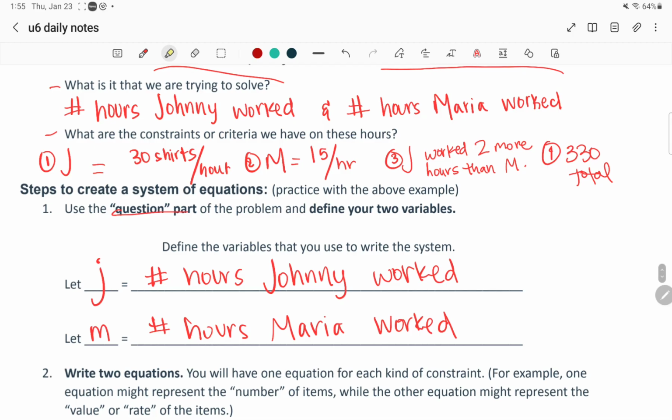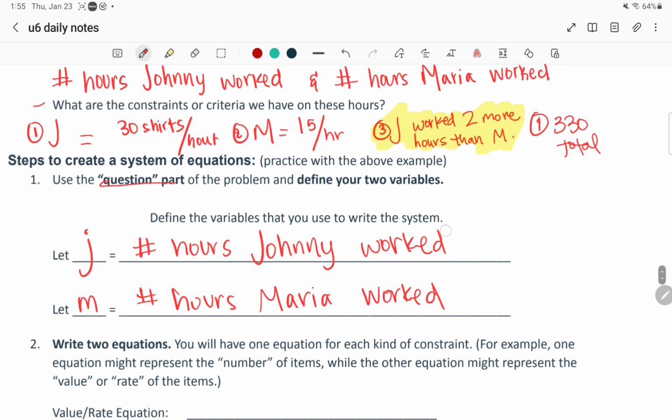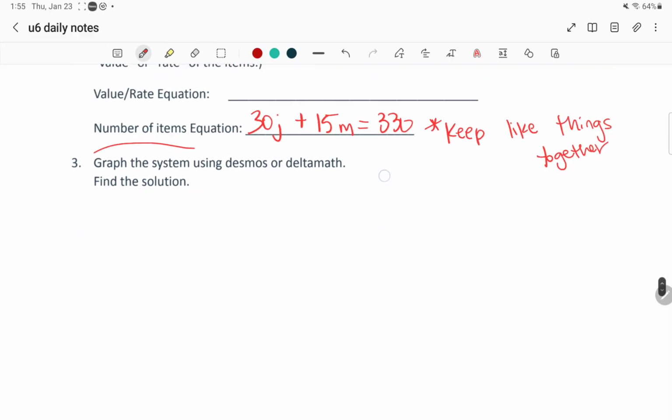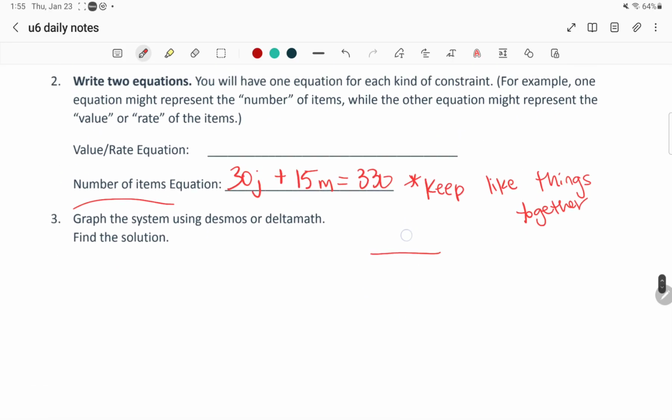I am always going to have one piece that's not quite the same, and it's this one. We know that Johnny worked 2 more hours than Maria. So think of it like this. If Johnny worked 2 more hours than Maria, then we're dependent on Maria's hours. If she worked 1, we know that Johnny worked 3.